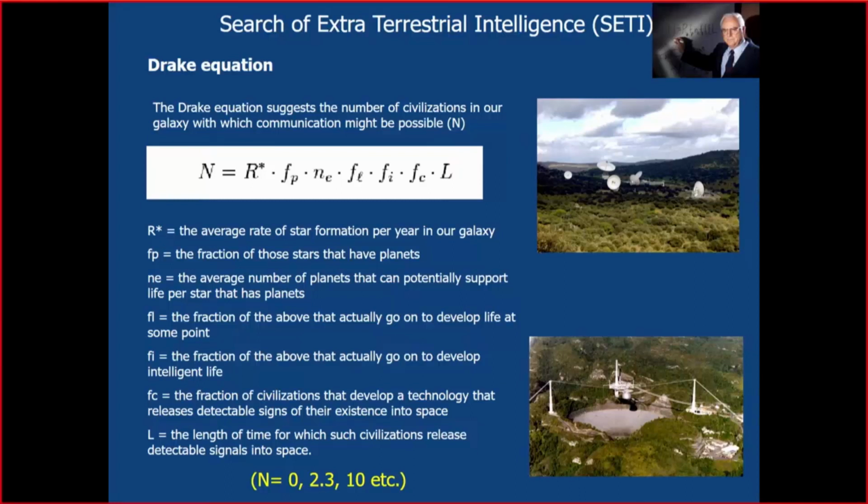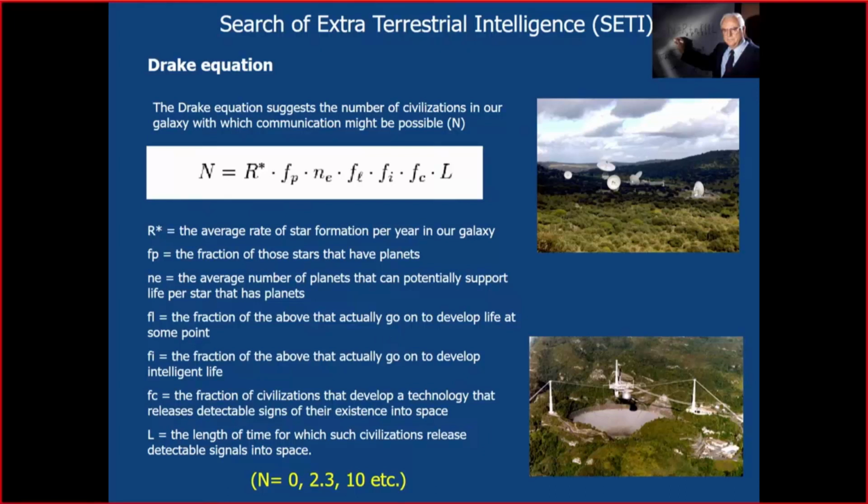There is a theoretical principle called the Drake equation to search for extraterrestrial intelligence. The Drake equation suggests the number of civilizations in our galaxy with which communication might be possible.